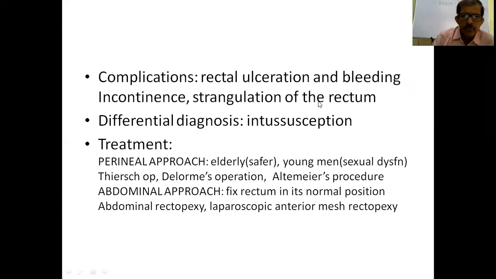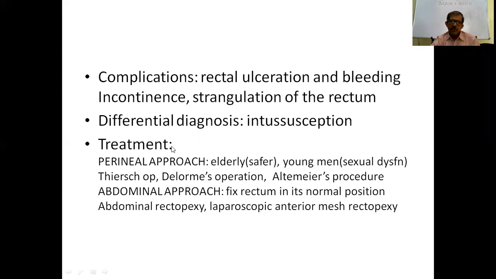Naturally the differential diagnosis is intussusception, but you can see that the intussusception is mainly colon. The colon is much thinner compared to rectum, so it will not be that thick, even if it contains 2 layers of the colon.